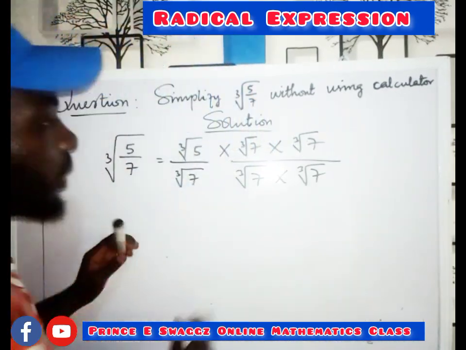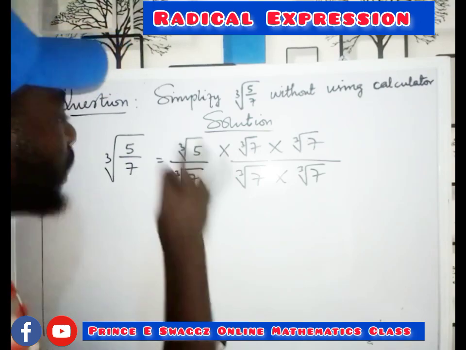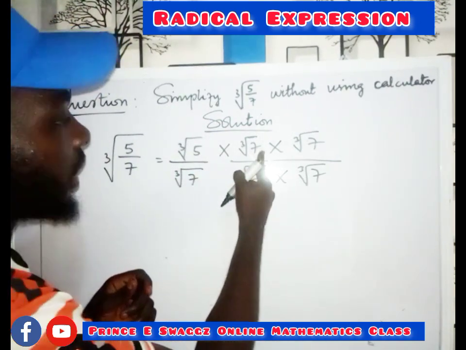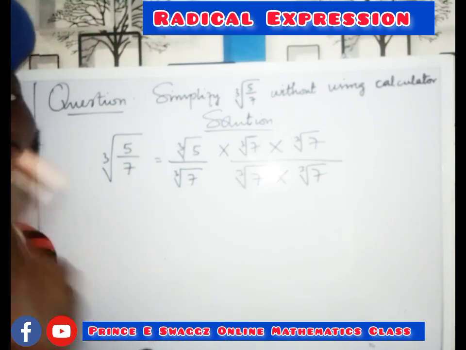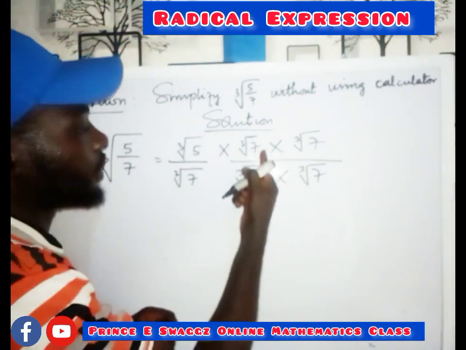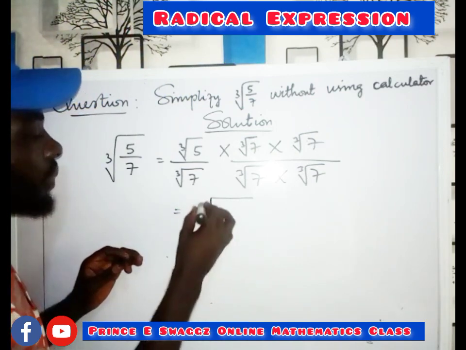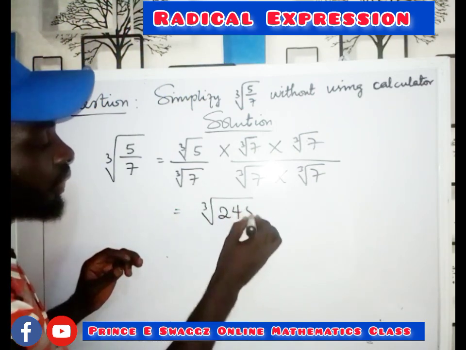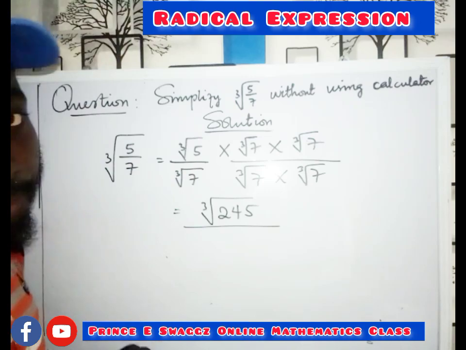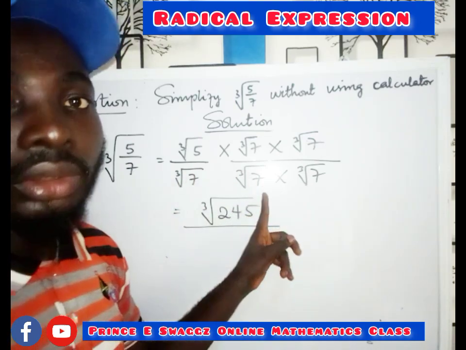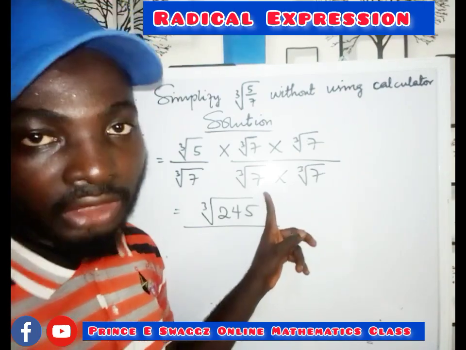So we then multiply everything together. The numerator, the cube root of 5 times the cube root of 7, will give us the cube root of 35. The cube root of 35 times the cube root of 7 is going to give us the cube root of 245, all over. Then we have the cube root of 7 times the cube root of 7, that will give us the cube root of 49.